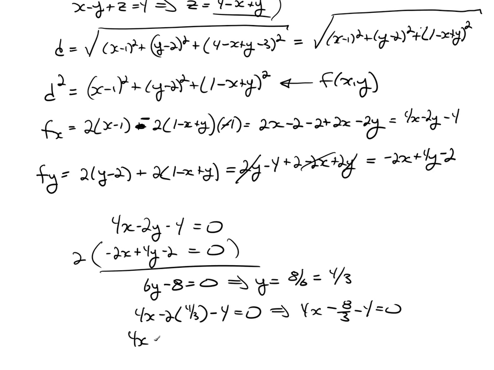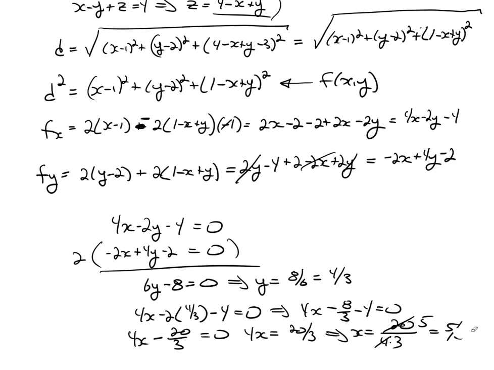So that's 4x minus 20/3 equals 0. So 4x equals 20/3, which means x equals 20 divided by 4 times 3. That gives me 5, so it looks like x equals 5/3.